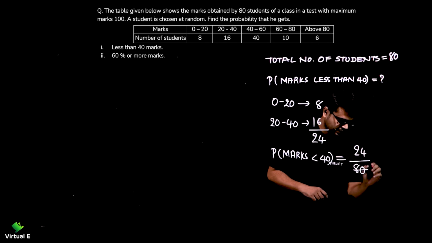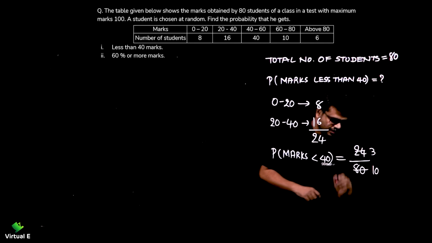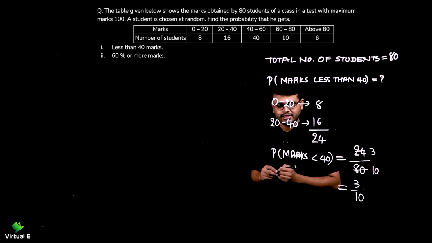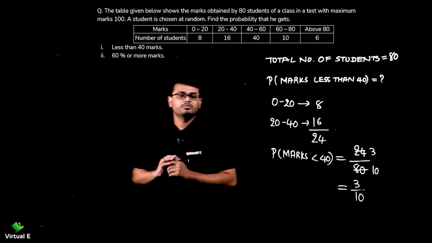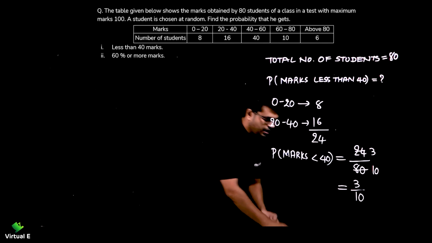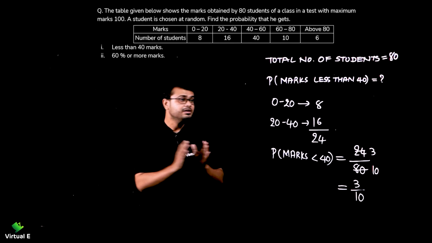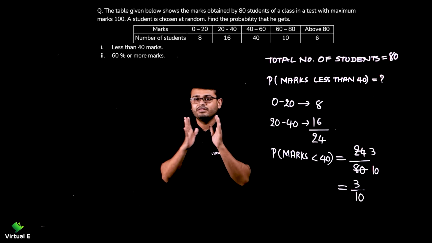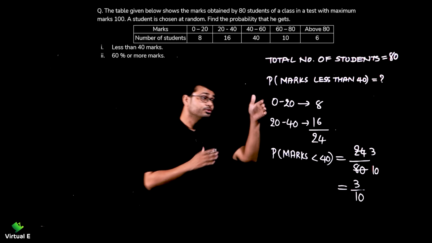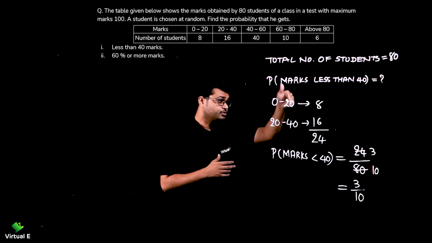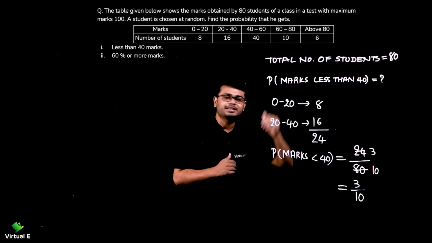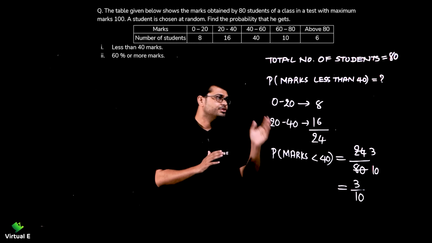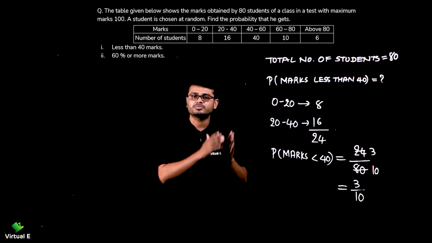So 8 tens are and 8 threes are, that is 3 by 10 is the probability, right? This is very simple. You may be confused when you read the question about how to get the answer. But remember, see the question, marks less than 40. So for less than 40, we only need to take two groups' frequency, that is 0 to 20, 8, and 20 to 40, that is 16. Nothing more than that, right? We only need to focus on the data which is related to the probability being asked.